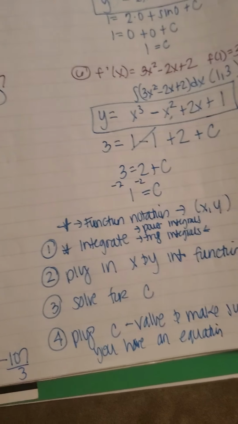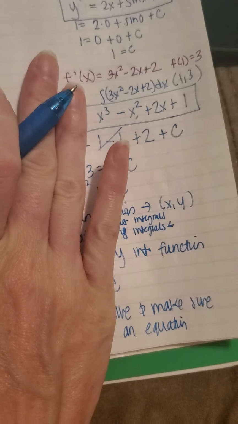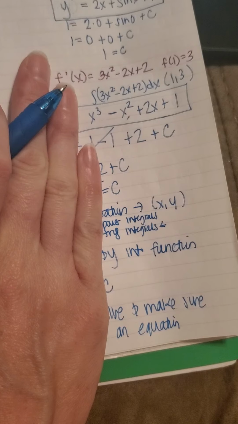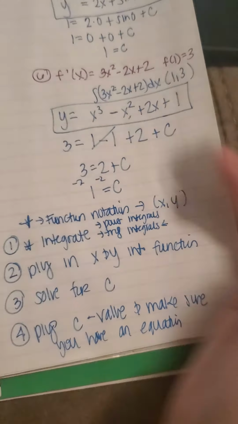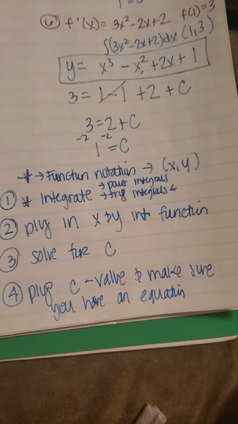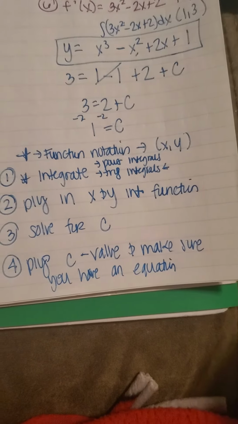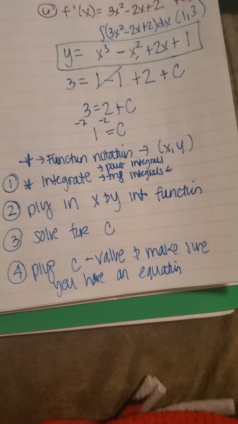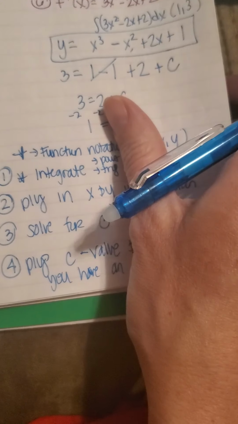What that means is if I just write x to the third minus x squared plus 2x plus 1, that's not an equation. It needs a y equals. It needs an f of x equals. Okay, so make sure you do those things. So those are my pointers to help you write those integrals and find that c value.